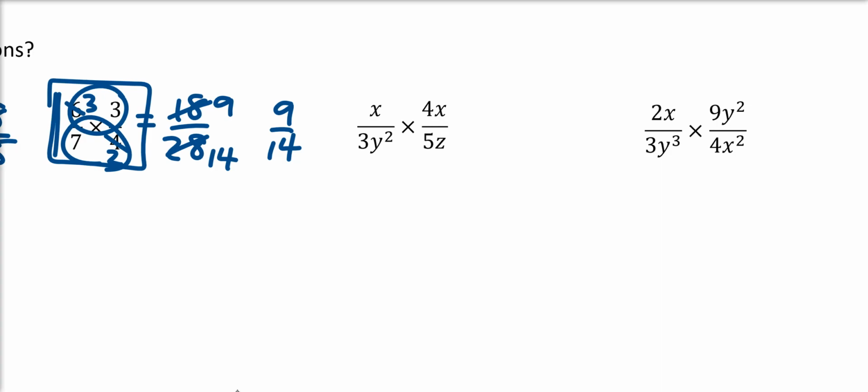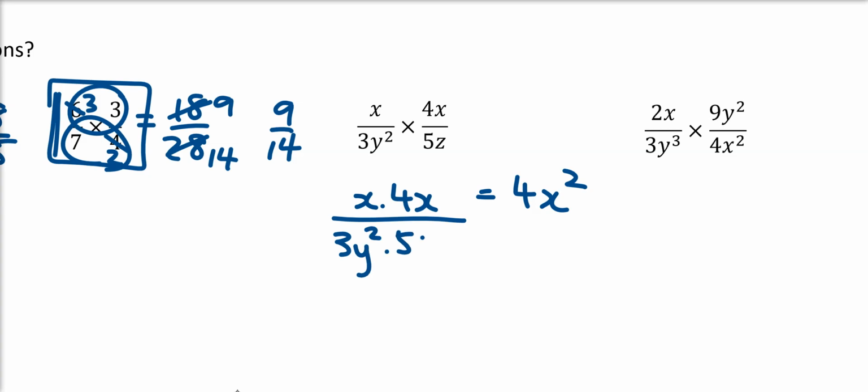So it's going to be x times 4x, which is 4x squared, all over 3y squared times 5z, which is 15. So hopefully now you're starting to see that these are those rules we've just done, but we're applying them within a fraction. So it's sort of like an extension of what you were just doing.